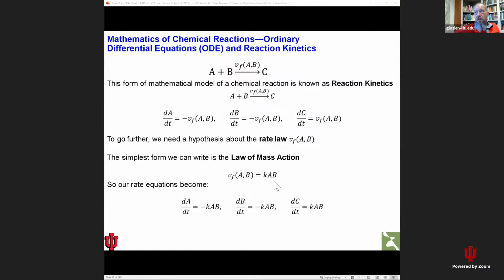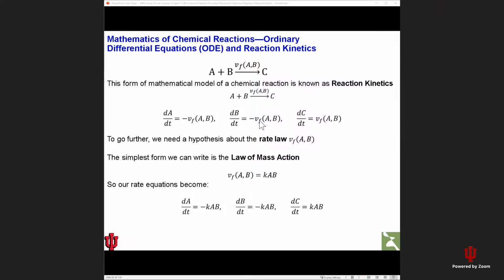Why would you guess, besides having taken a chemistry course, that the rate ought to be k times A times B? Well, if I have no A, what is the rate at which A and B combine? It better be zero.